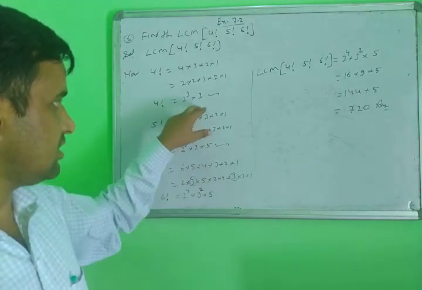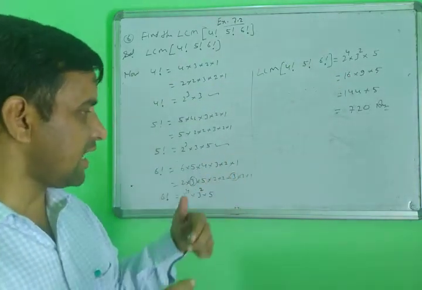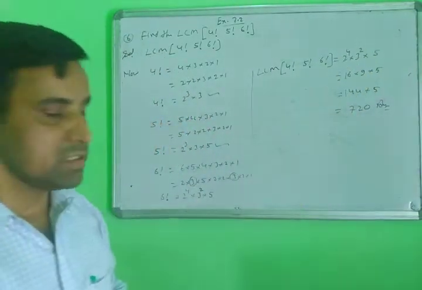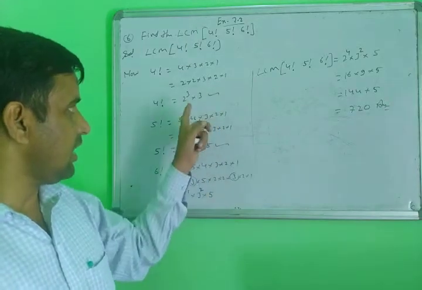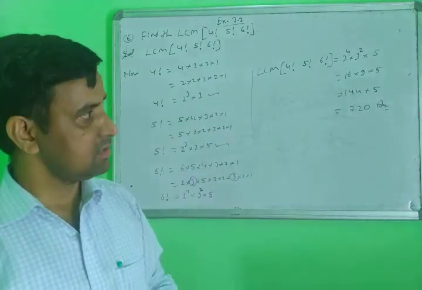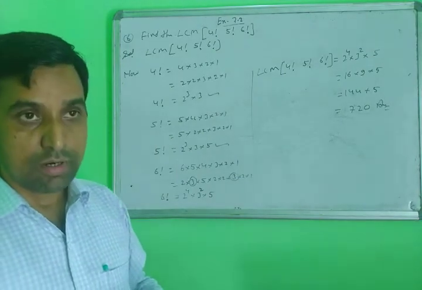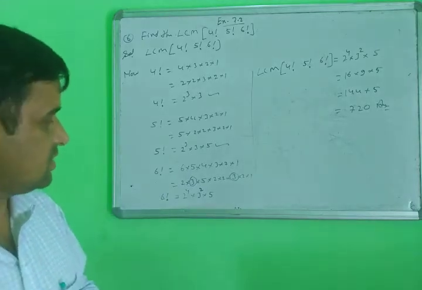Suppose any other digit is possible, such as 6 or 7, then you will also write it here. Whether it comes 1 time or 2 times does not matter, but any digit that has come in any step, you write here and multiply, then you get the answer. According to this you will find the LCM of factorial numbers. Yes, note it down.